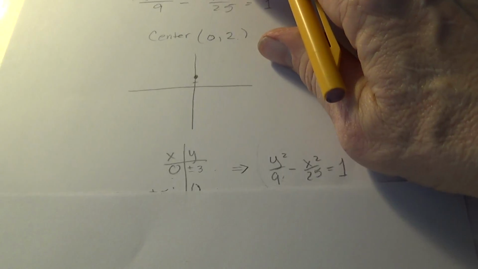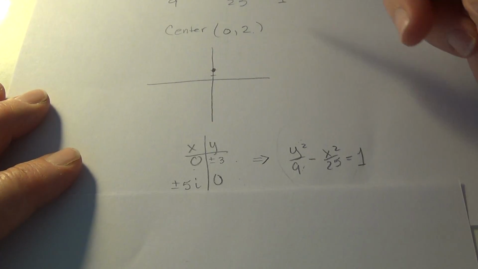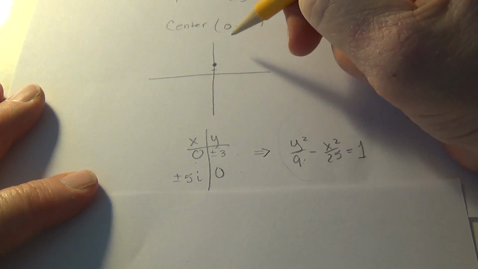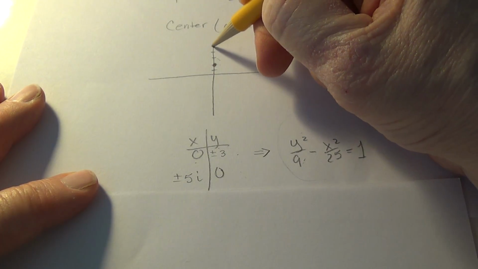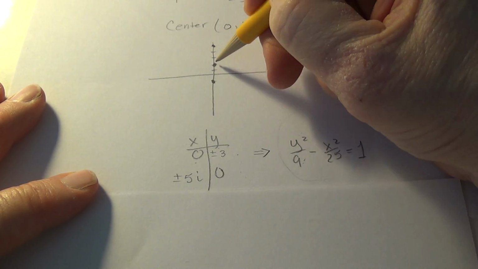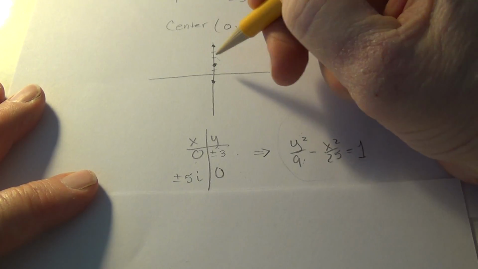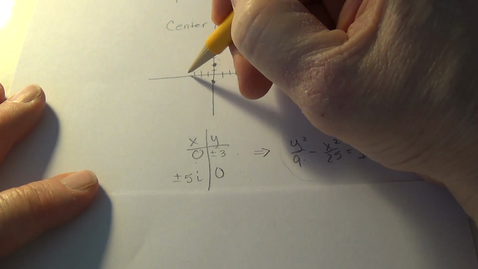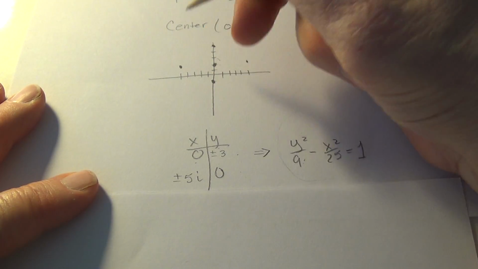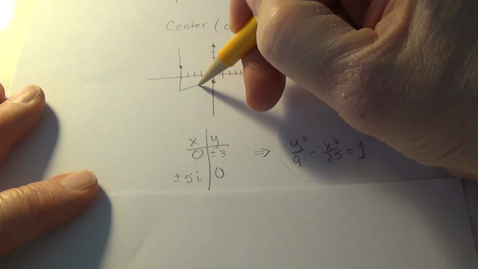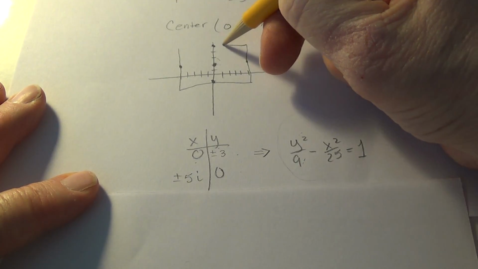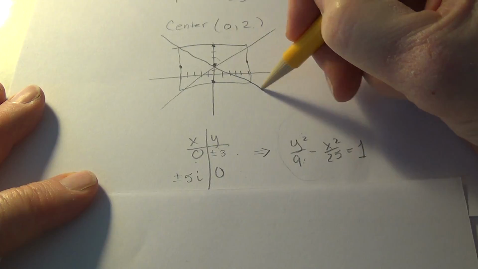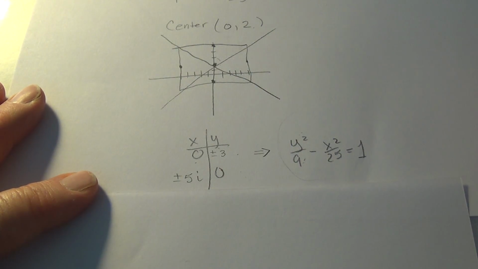So let's go up and finish. From this point, I'm going to go up and down 3, and from this center, I'm going to go left and right 5. And I create a box, with diagonals through the center and the corners of the box.